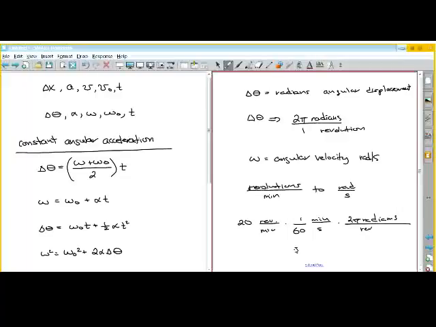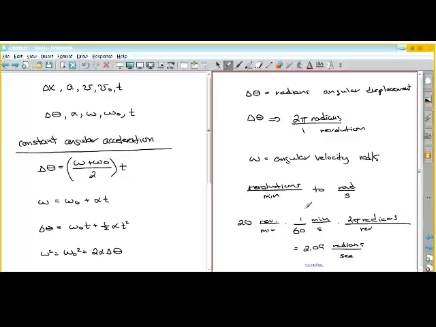And so it's usually a factor of about 10 less, because you can see we have 2 pi, which is around 6, divided by 60. So it's about a factor of 10, not exactly. 20 times 2 times pi divided by 60 is 2.09 radians per second.